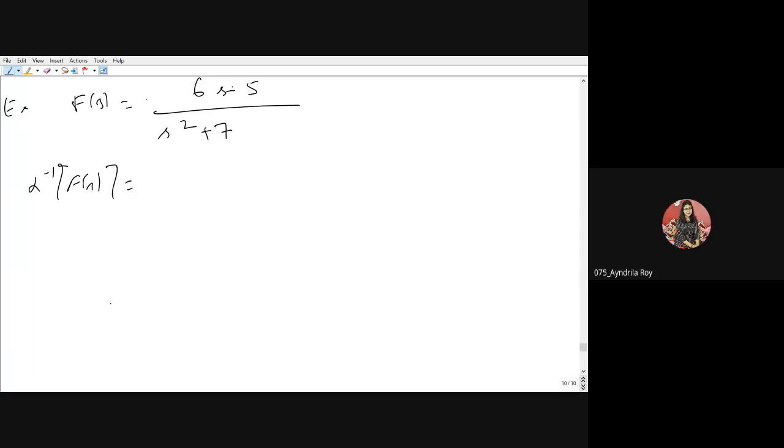Sir, at first 6s by s into s plus 7 minus 5 divided by s into s plus 7. So s will divide in both parts. No, there is no multiplication of s in the 7. You cannot take it common.